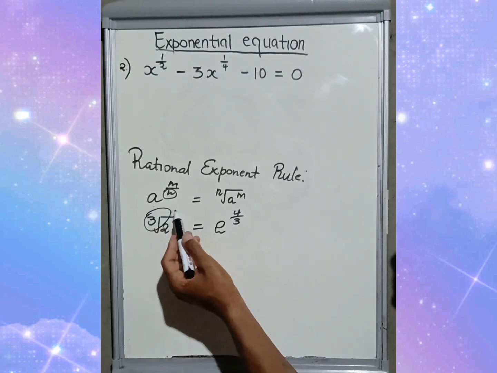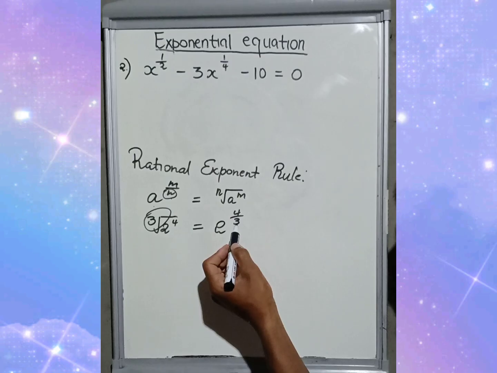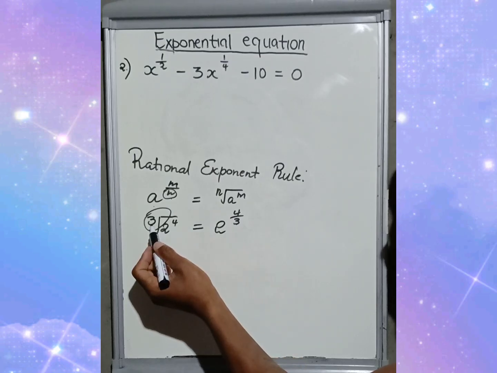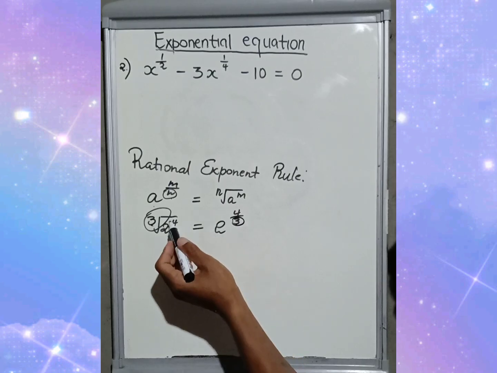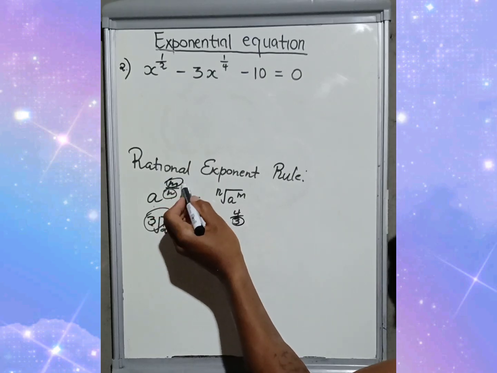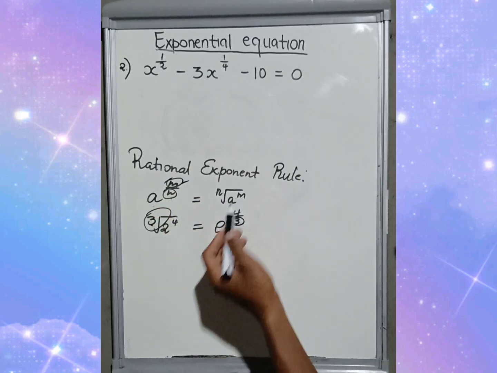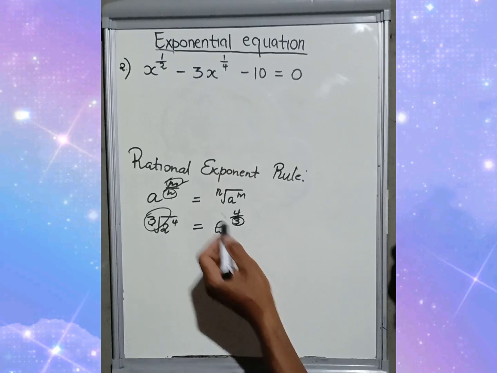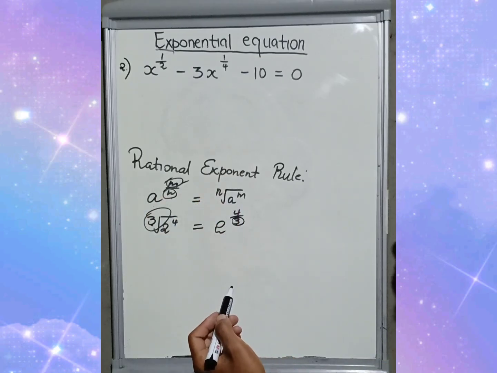This 3 is a cube root, the denominator. The exponent becomes the numerator. Therefore, we call this the rational exponent rule.